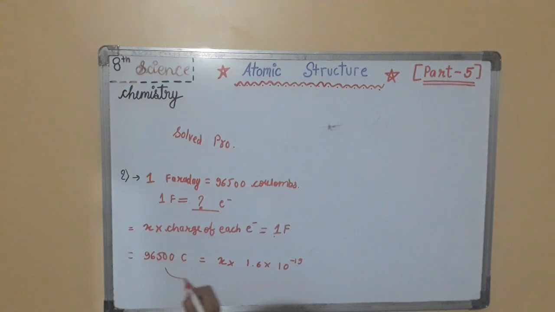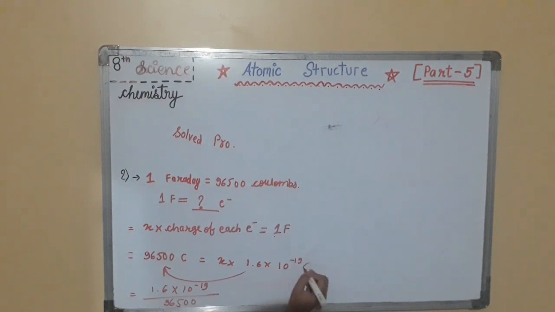So after transposing, the answer will come: x is 96,500 coulombs upon 1.6 into 10 raised to minus 19 coulombs.